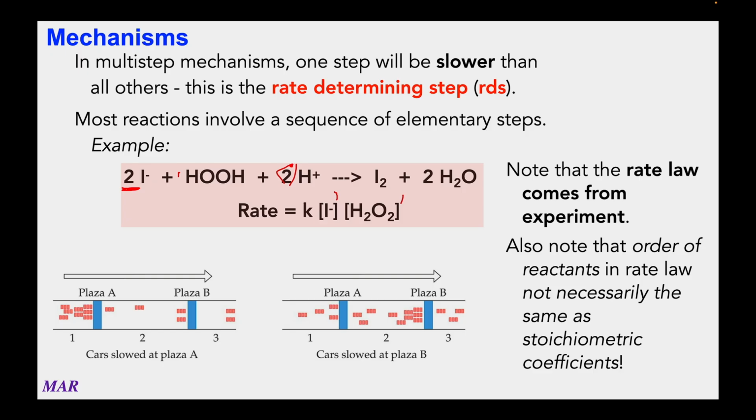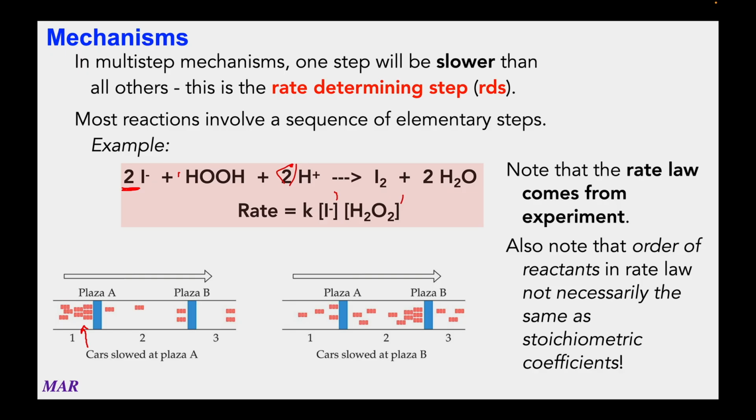Also note in the pictures in the lower left, we have 2 blue barriers, all right? You can think about those blue barriers as like energies of activation. In the first picture on the left, notice how all the cars are kind of jammed up by the first barrier, all right? That's going to be the bigger energy of activation. It's harder for the cars to get through Plaza A. It's a slower reaction.